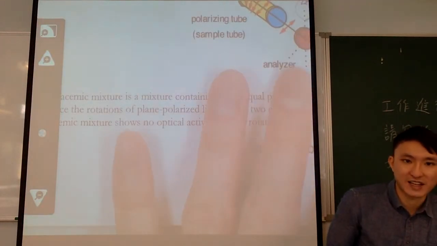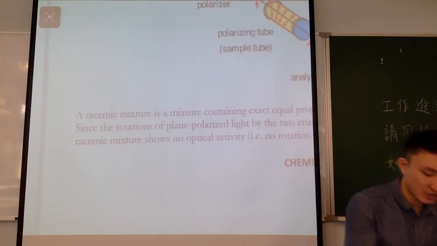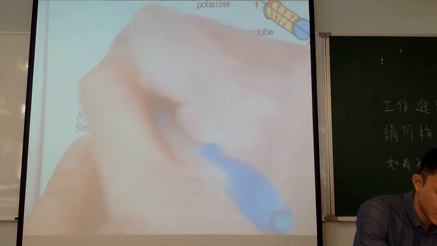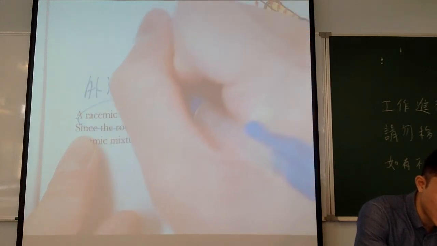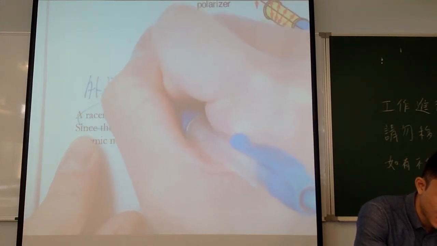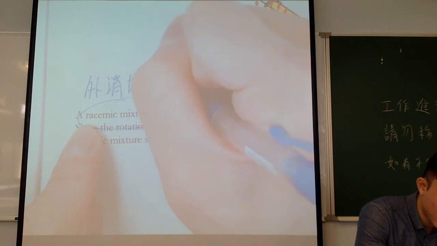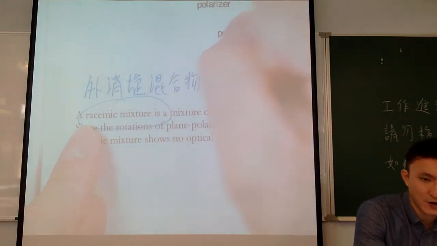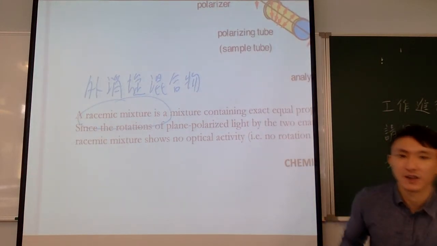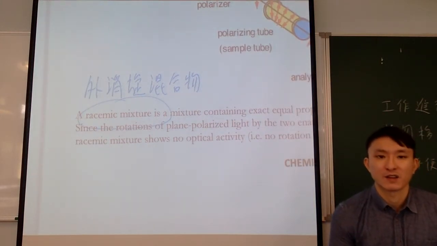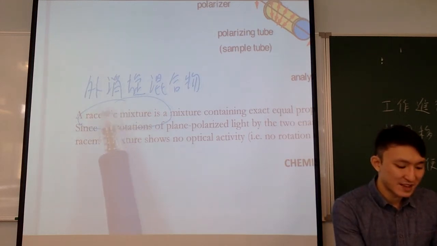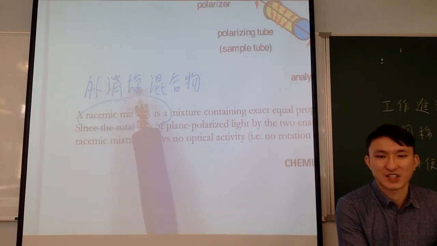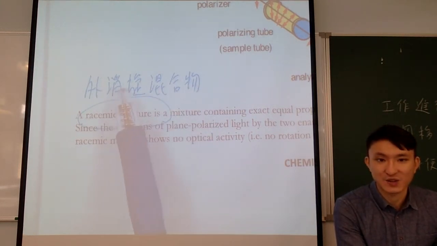All right, now down here, finally we have the last term. We call it racemic mixture. Again, I like to introduce the Chinese version of these terms because I feel the Chinese version is very self-explanatory. It makes it quite easy to understand what is going on. So here, you see, we try to cancel out the rotation. It's a mixture that is able to cancel out the rotation.